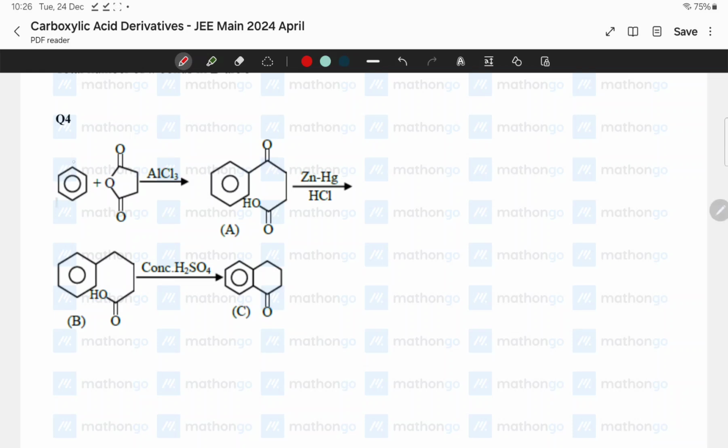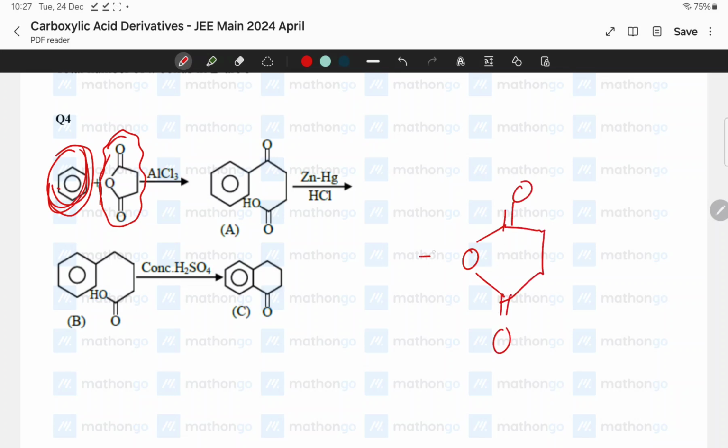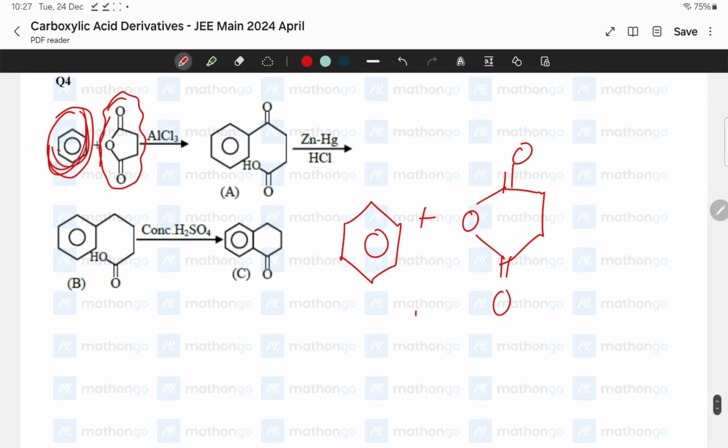Okay. So here look, we are having a benzene group, and it is being attached to which one? Yes, this anhydride. This is an anhydride. You remember, this is an anhydride. And the toluene. You know that we can prepare, and AlCl3 is here.